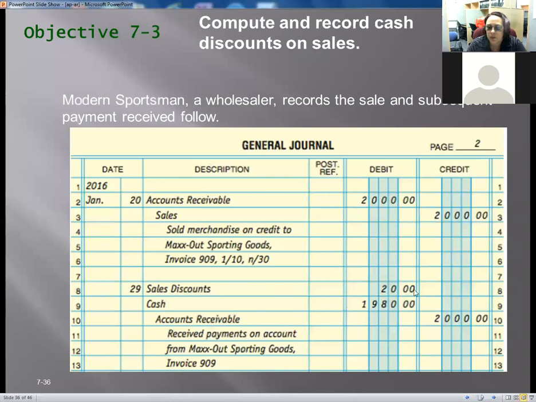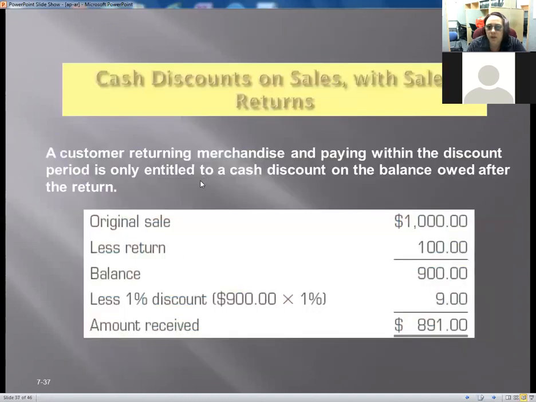So what you want to do is debit your cash and your sales discount, and credit your receivables. So this increases your cash and decreases your receivables. A customer returning merchandise and paying within the discounted period is only entitled to a cash discount on the balance owed after the return.